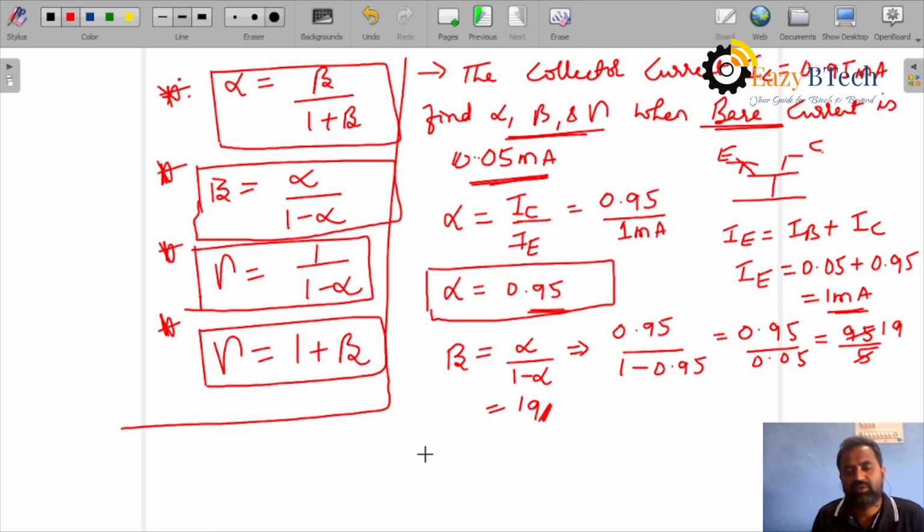Similarly, if you want to calculate gamma, gamma is 1 plus beta, 1 plus 19, you get 20.